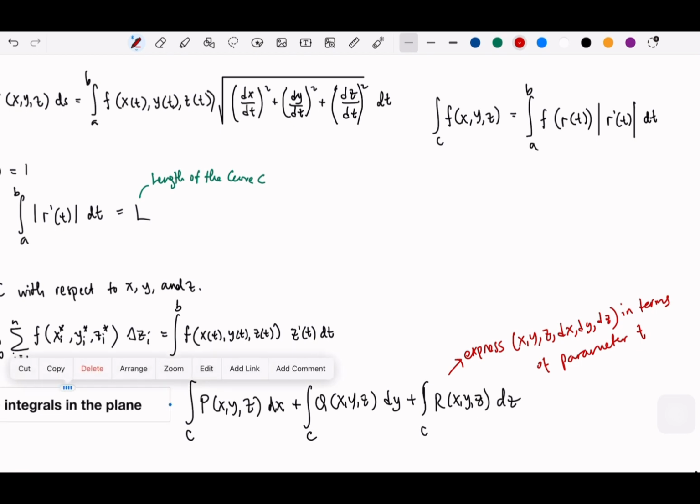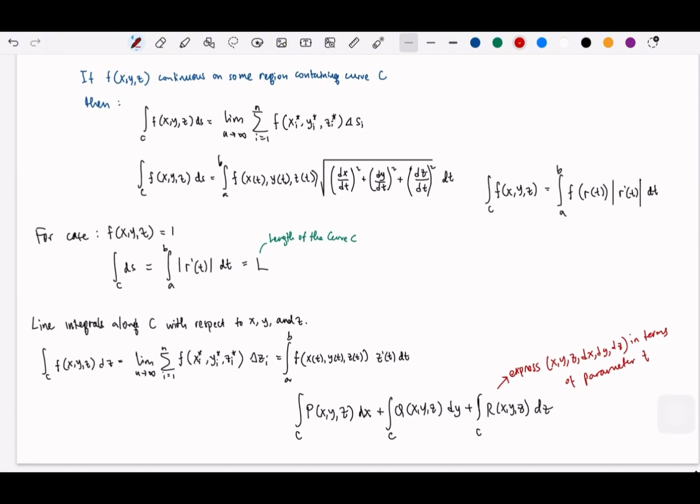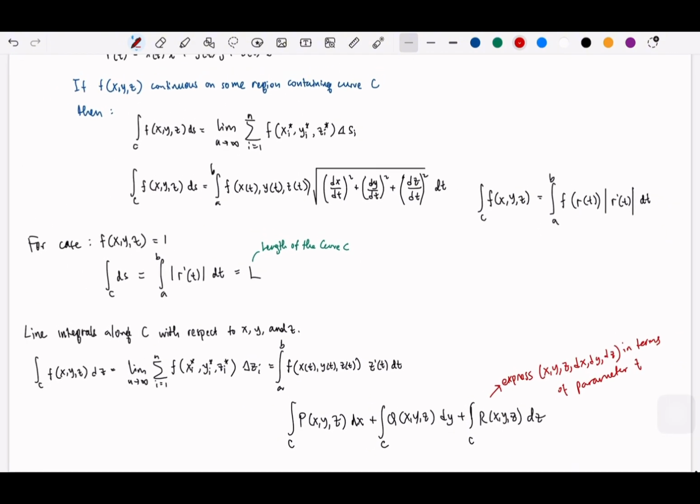This is, let me just remove that. And let me give you an example on this part.